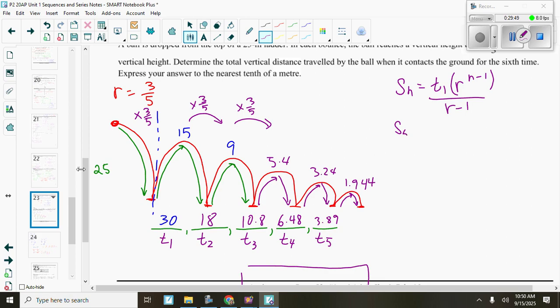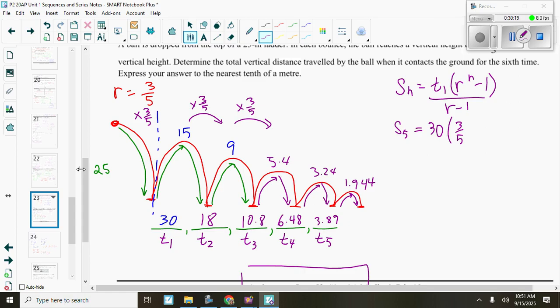So when we're looking at the sum of the first 5 terms, after the bounces, our first term was 30. Our common ratio was 3/5. Let's fix up my formula.